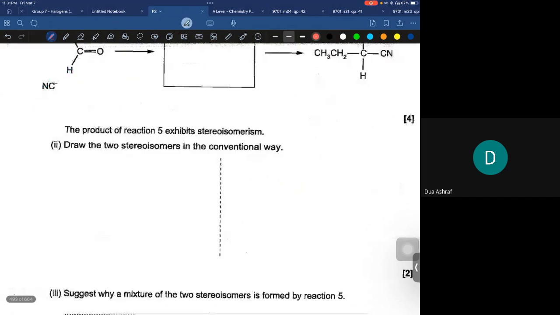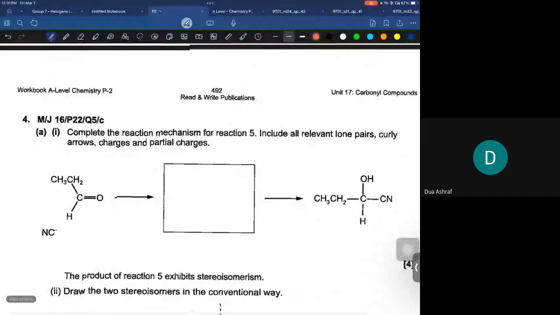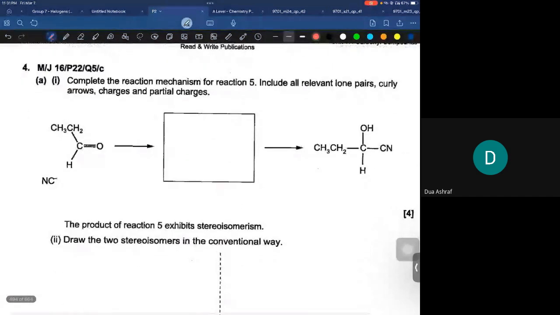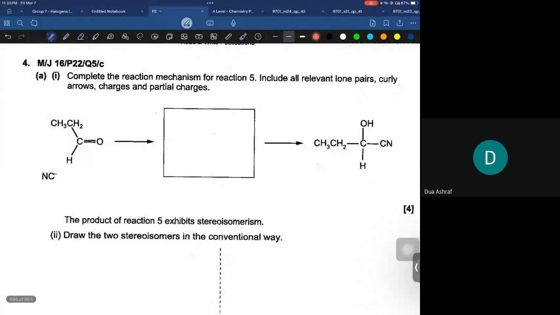ओके, चलें जी. देन कहता है कि complete the reaction mechanism for reaction 5, include all relevant lone pairs, curly arrows, charges and partial charges. So this is partial negative, this is partial positive, has a lone pair of electrons, it would attack on this partial positive carbon. This bond is going to be broken just like the previous reaction. Now it has a lone pair of electrons with a negative charge.